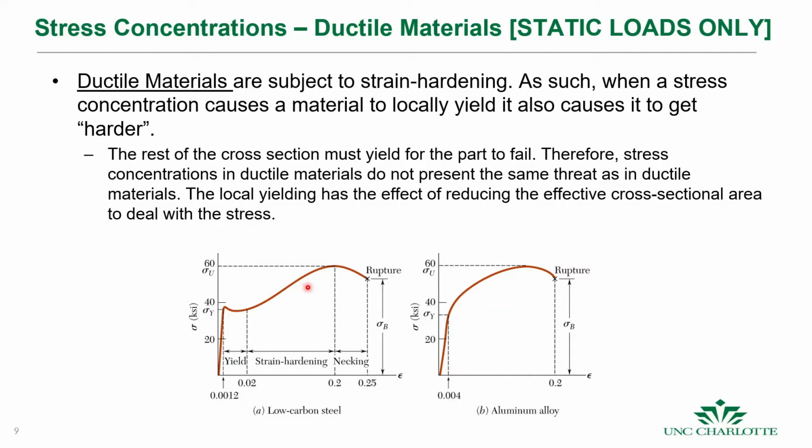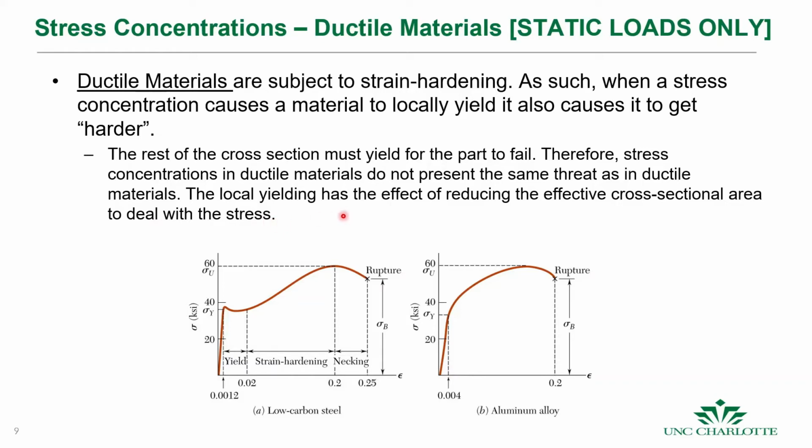And then the rest of the cross section of the material has to yield for the part to fail. Okay, so stress concentrations in ductile materials don't represent the same threat as in brittle materials. This should say brittle materials. Okay, and that's because the local yielding reduces the effective cross-sectional area to deal with that stress.